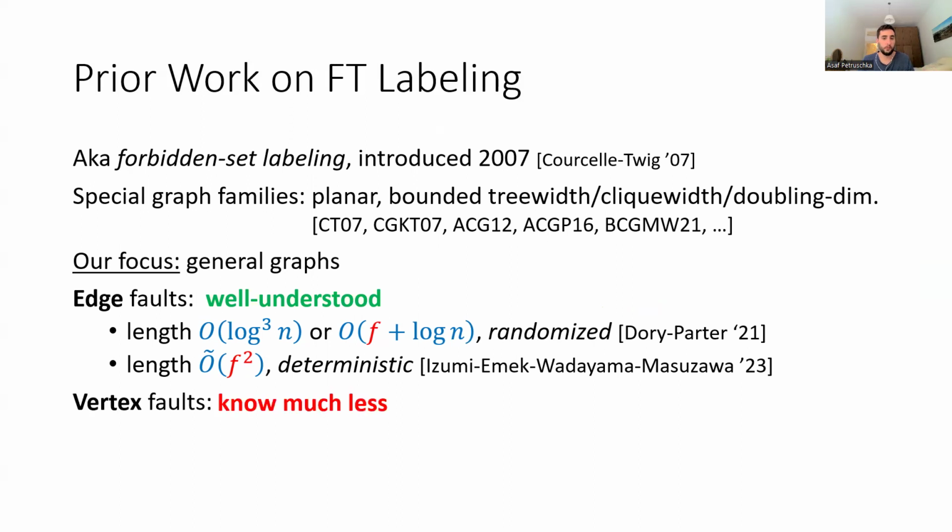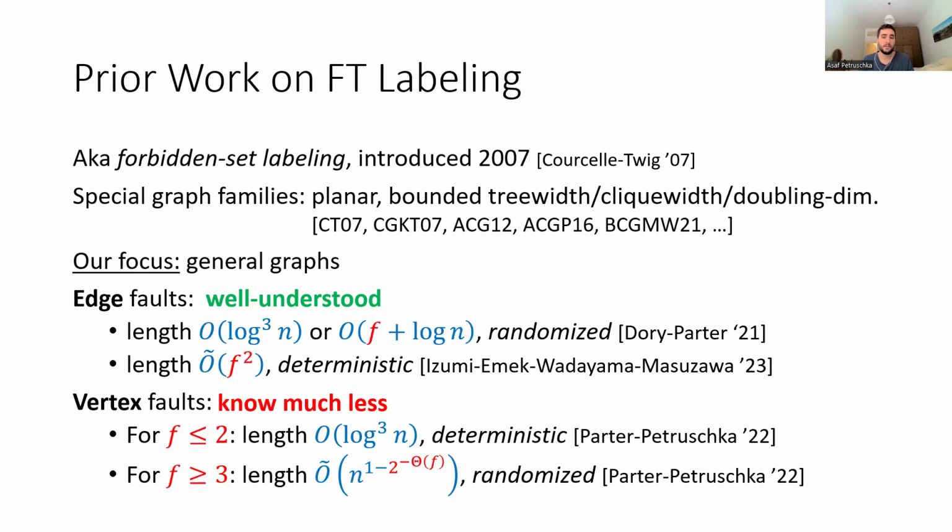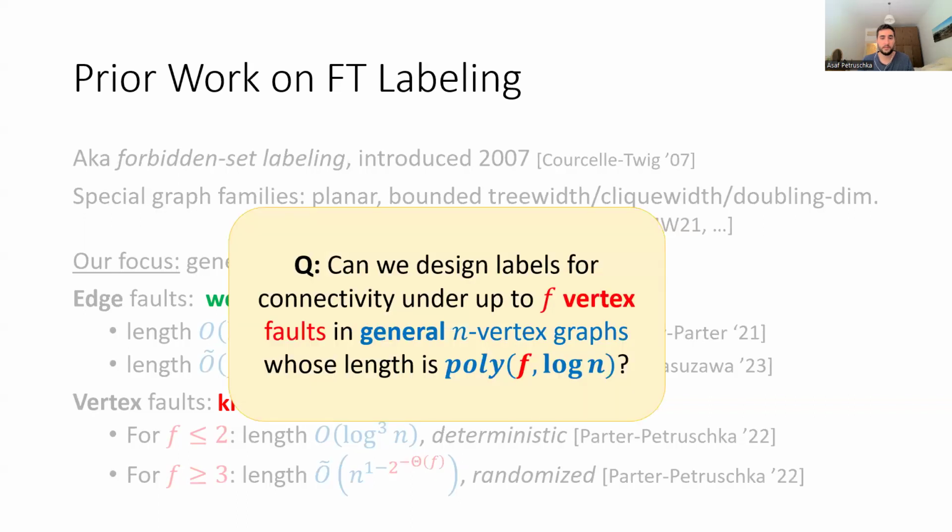So in a previous work from 2022, we gave a scheme with polylog n bits that just supports up to 2 vertex failures, and also a scheme with much larger labels for the case where f is greater or equal to 3. So this raises a natural question of whether we can achieve labels of similar length as in the edge fault case, also for the vertex faults case.